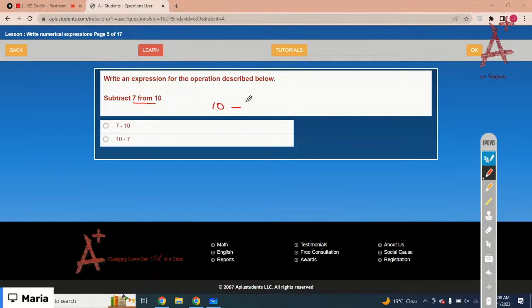That means you have to do 10 take away 7. Got it? 7 from 10 means you have to take away 7 out of 10. So it would be option number 2. Got it? Yes, you just have to understand the words and then select the correct option. It would be the second one.